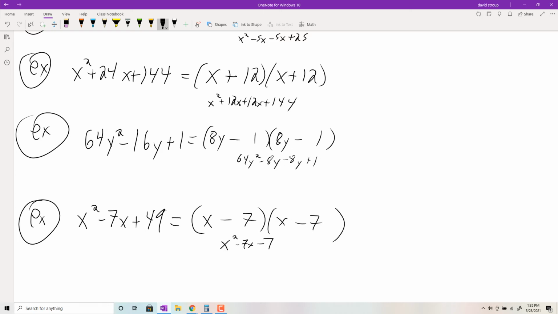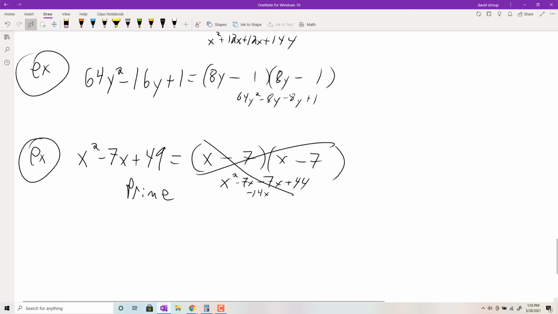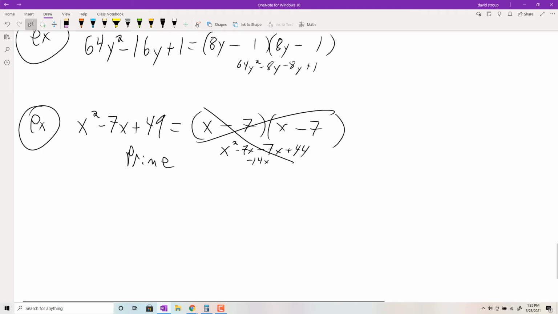No, it's not going to work, because minus 7x plus minus 7x is minus 14x, and we have minus 7x. There's really no way to get that 7x in the middle. You could try 49 and 1, but you'd end up with minus 50 in the middle. So yeah, there's no way to do it. So this is kind of a trick question. It turns out to be prime. Okay? So you just write prime.